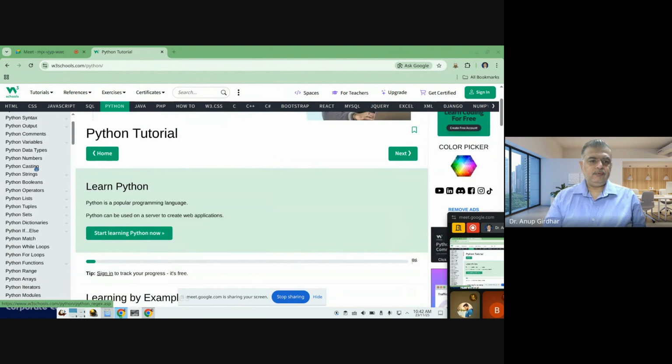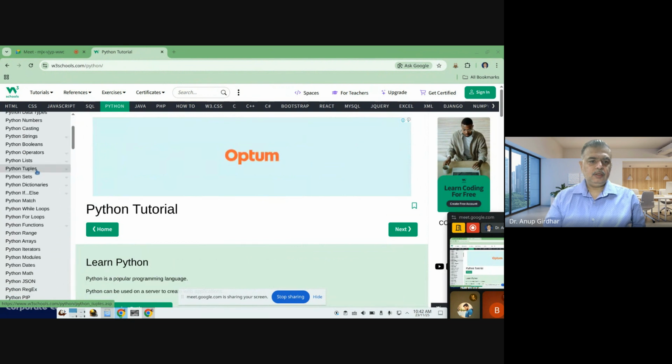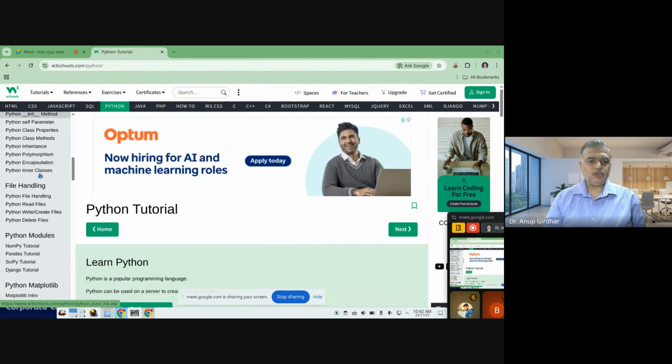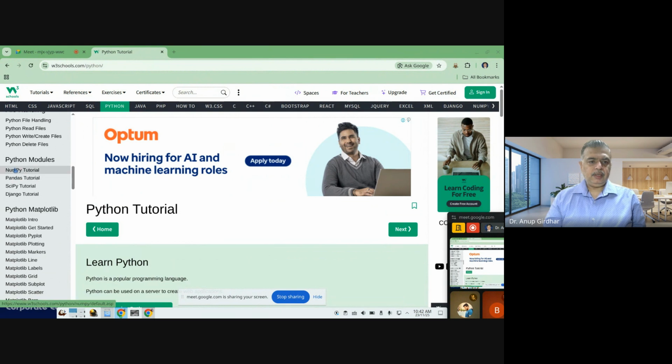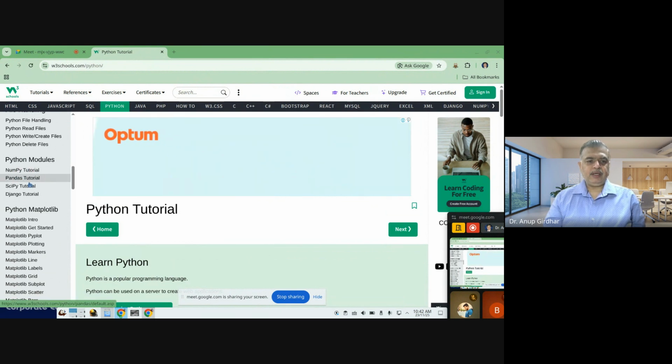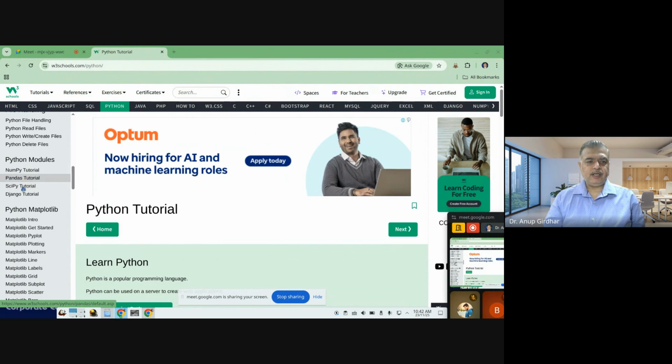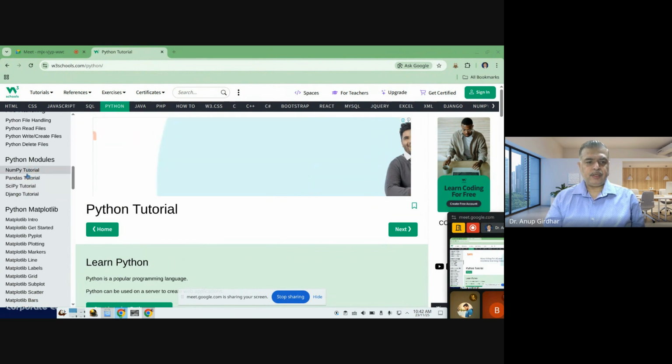We have various different topics in W3Schools Python, and there you have some modules like NumPy, Pandas, and SciPy. Try to complete these libraries.